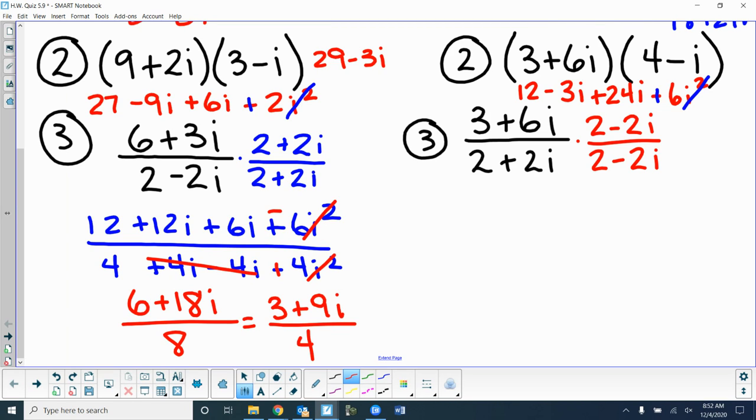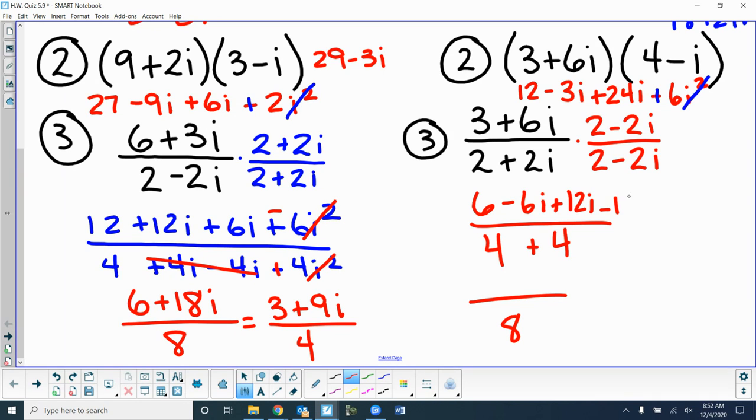Okay, so then the bottom's going to be 8 again, right? 2 squared, and add. Okay, the top, 6 minus 6i plus 12i minus 12i squared. That's plus 12.